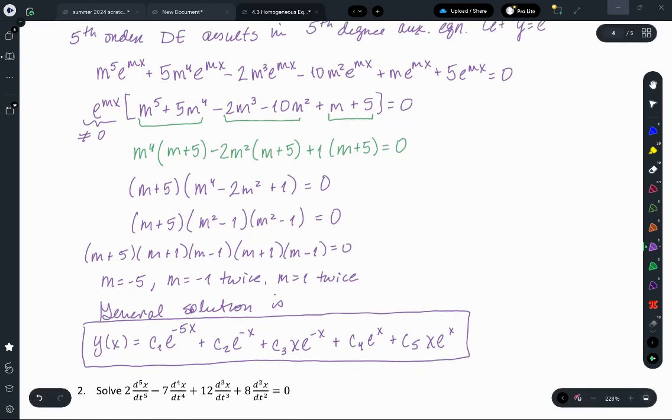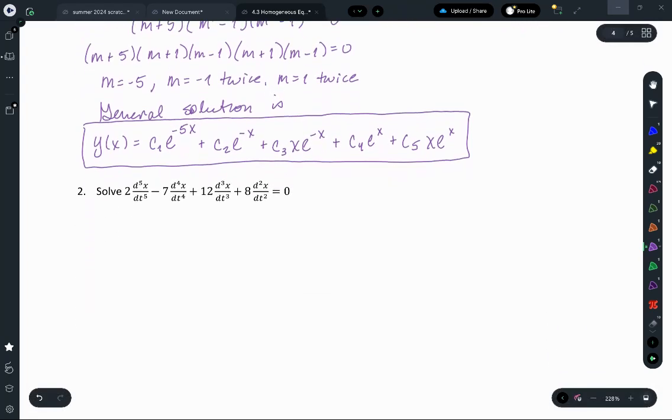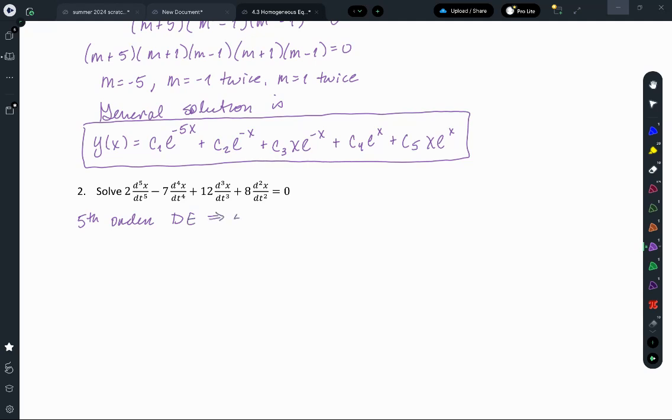Okay, so let's see what's going on in this next one that I pulled out. This is also a fifth order DE, which is going to give us a fifth degree auxiliary equation. And so if we go ahead and substitute everything in, we get 2m to the fifth e to the mx minus 7m to the fourth e to the mx plus 12m cubed e to the mx plus 8m squared e to the mx equals 0.